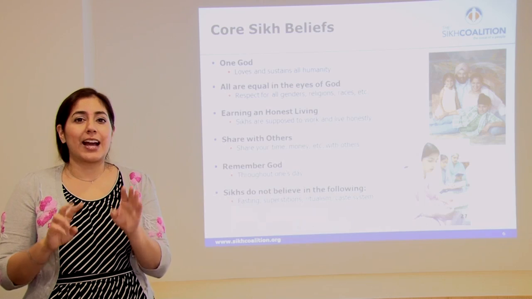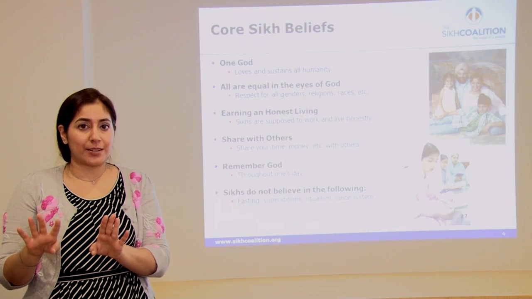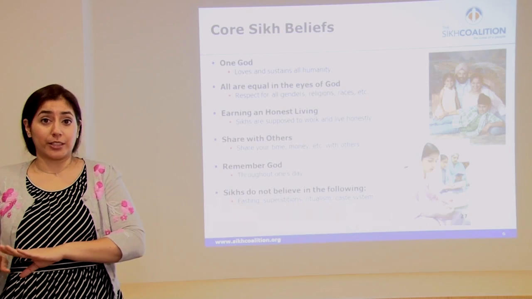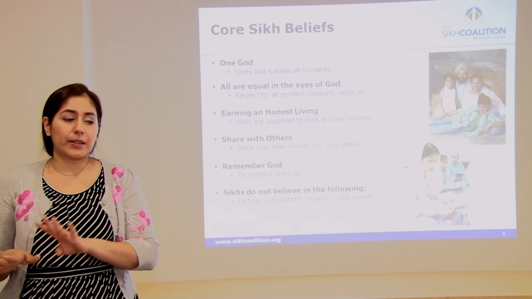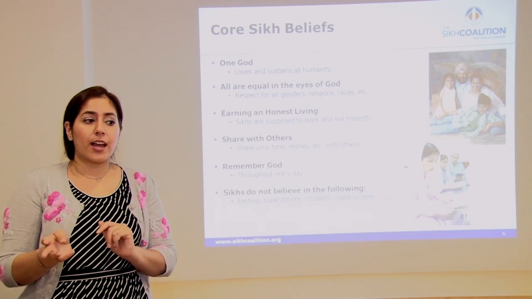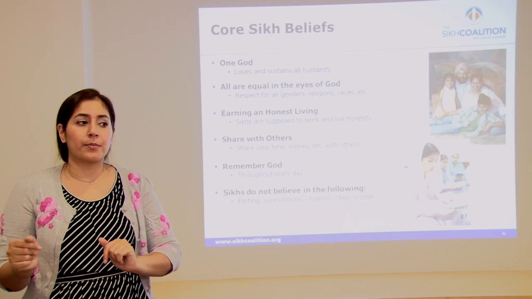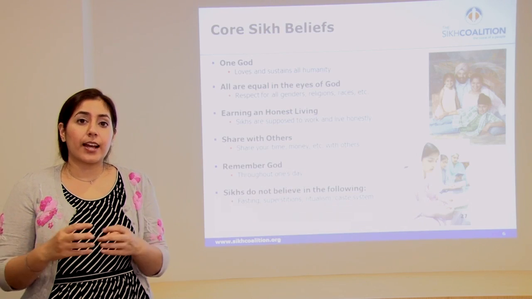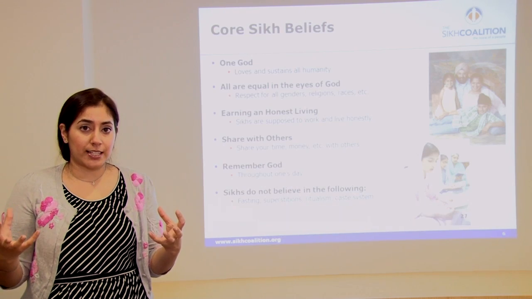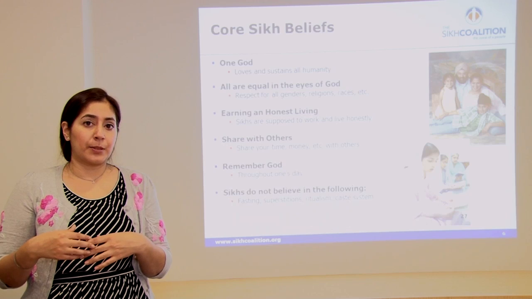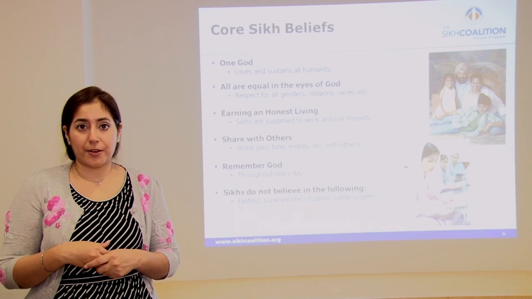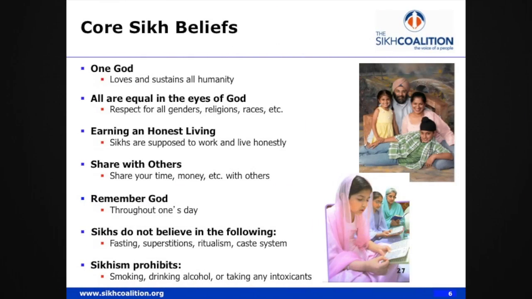Now you'll notice I never attributed the caste system to a particular religion, and that is on purpose, because we don't want people to feel like Sikhs are against Hindus or Sikhs are denouncing Hinduism. We just want to say that the caste system was very prevalent in India at the time that Sikhism emerged, and that's all you really have to say about it. Sikhism also prohibits smoking, drinking alcohol, or taking any other kinds of intoxicants.